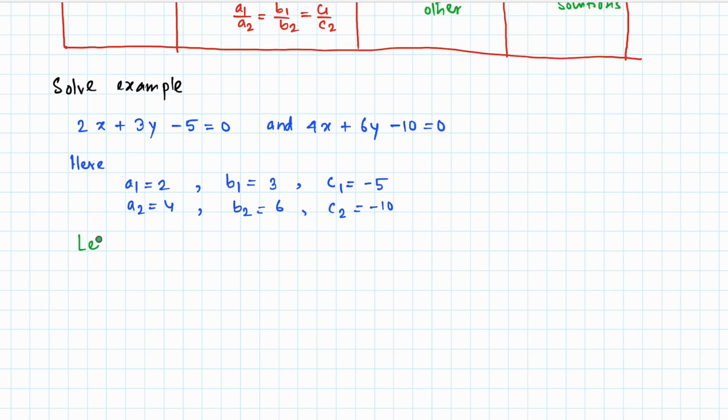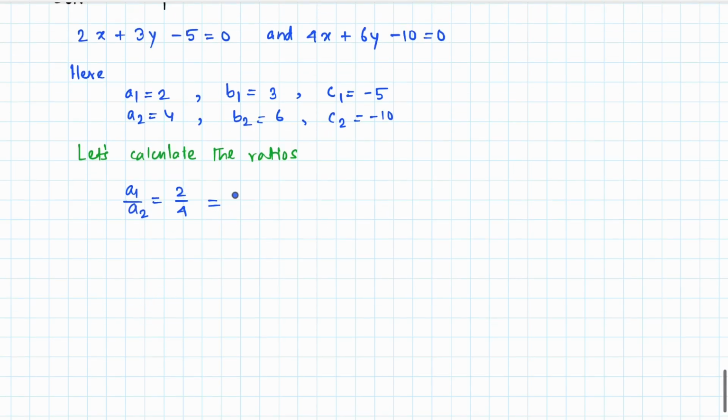Let's calculate the ratios using the mathematical conditions. So a1 by a2 equal to 2 by 4, which is half, b1 by b2 equal to 3 by 6, which is also half, so they are proportional, and c1 by c2 equal to minus 5 by minus 10, which is again half.